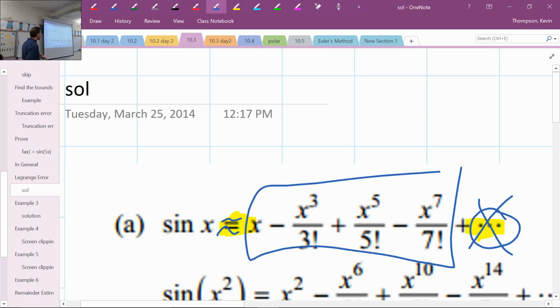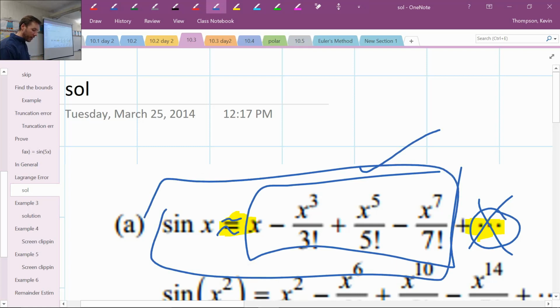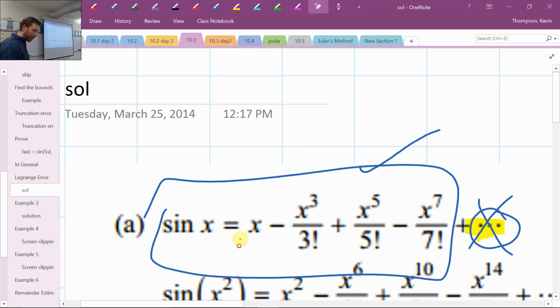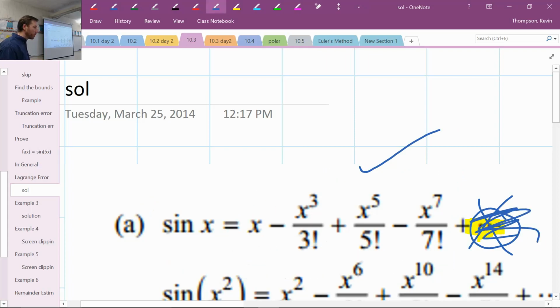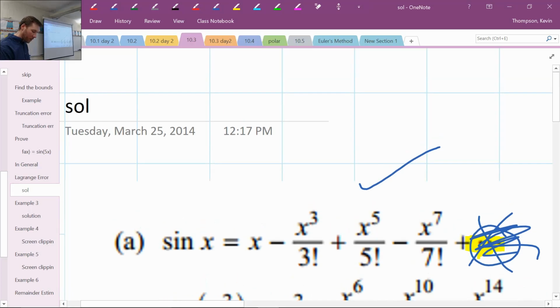So even if they say the first four terms, you're able to add dots and then make it equal. I would think if you even just wrote sine of x is about, and then did that, you'd be fine also. You just definitely don't want to say the sine of x equals and then not include this. That looks really bad.